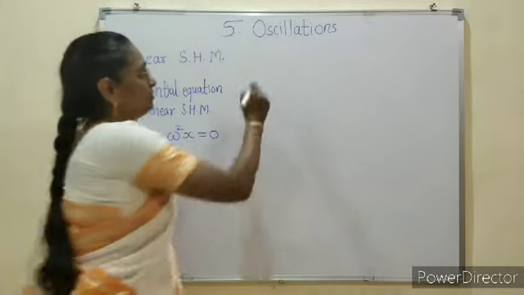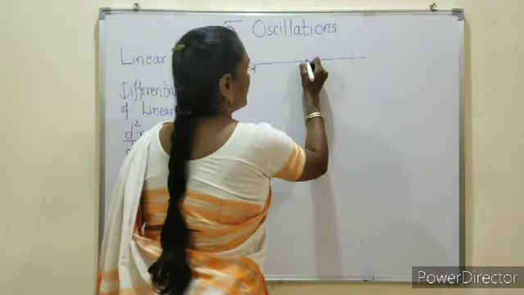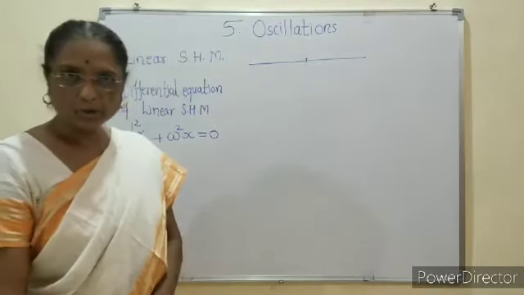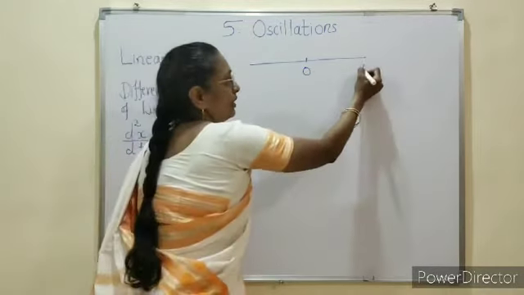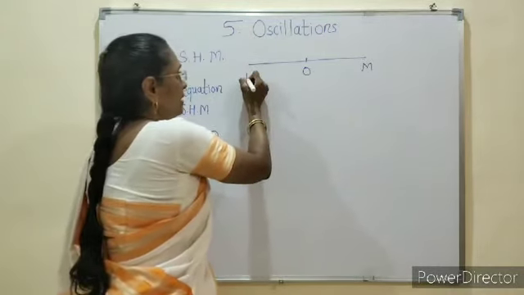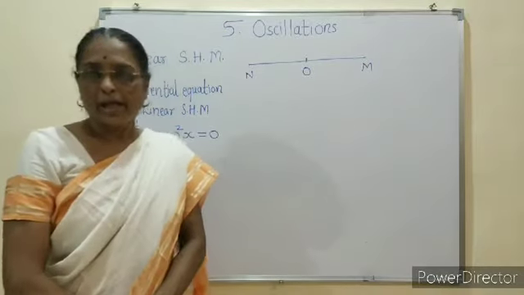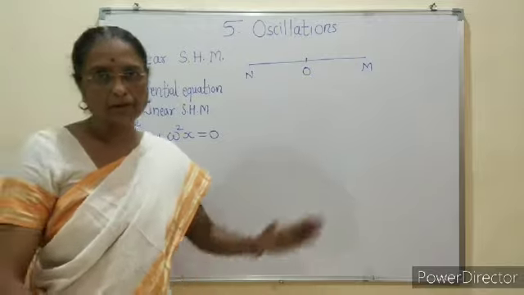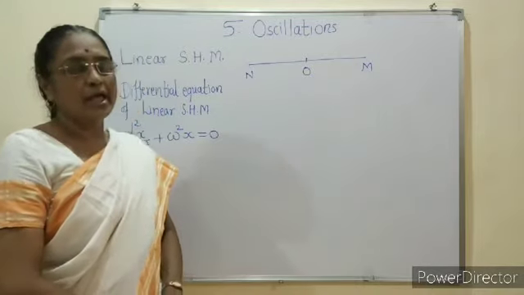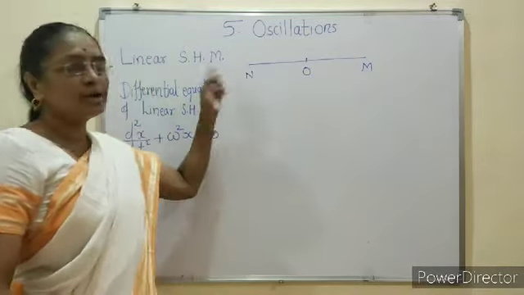In that, the path is straight for the vibratory motion. It can be denoted by mean position O, extreme position M, and left extreme position N. As the path is straight, we have called that oscillatory motion linear simple harmonic motion.